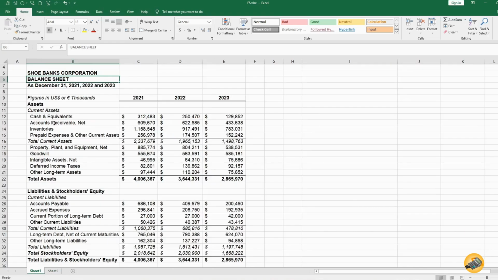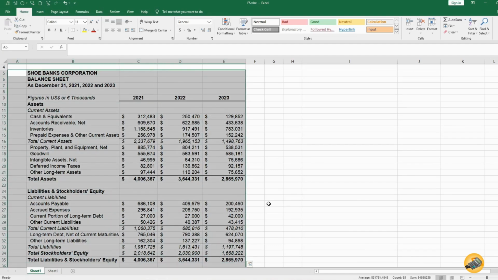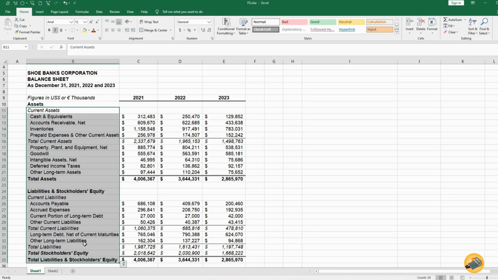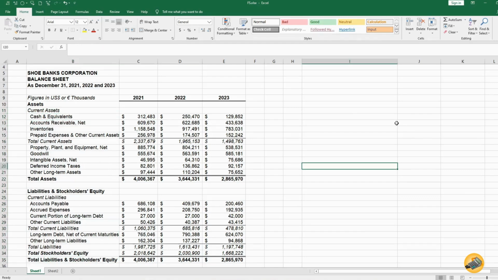Let's focus on the balance sheet items first. We said earlier that permanent accounts are also known as balance sheet accounts. So what you will see listed on the left side are examples of permanent accounts. We have cash, short-term investments, accounts receivables, inventories.